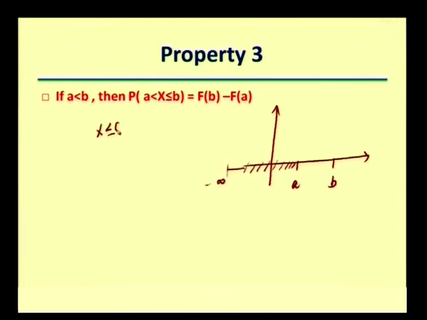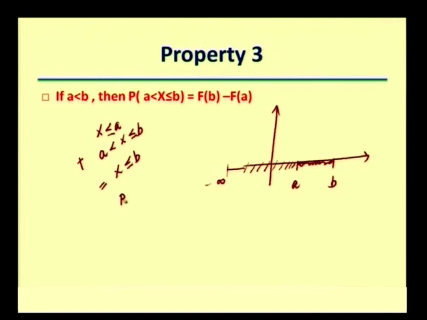Take the 3 events: x less than or equal to a, and a less than x less than or equal to b. When you add the slanting lines and this particular part, what do you get? You get x less than or equal to b, right.